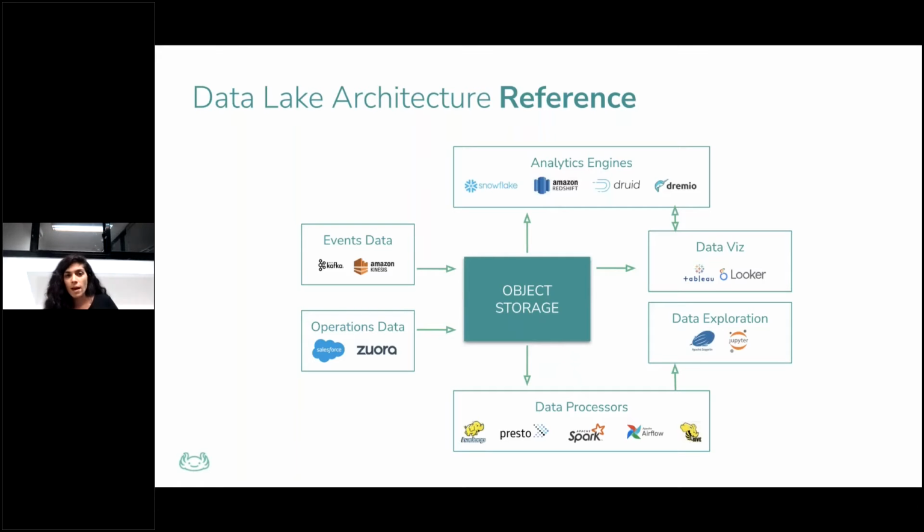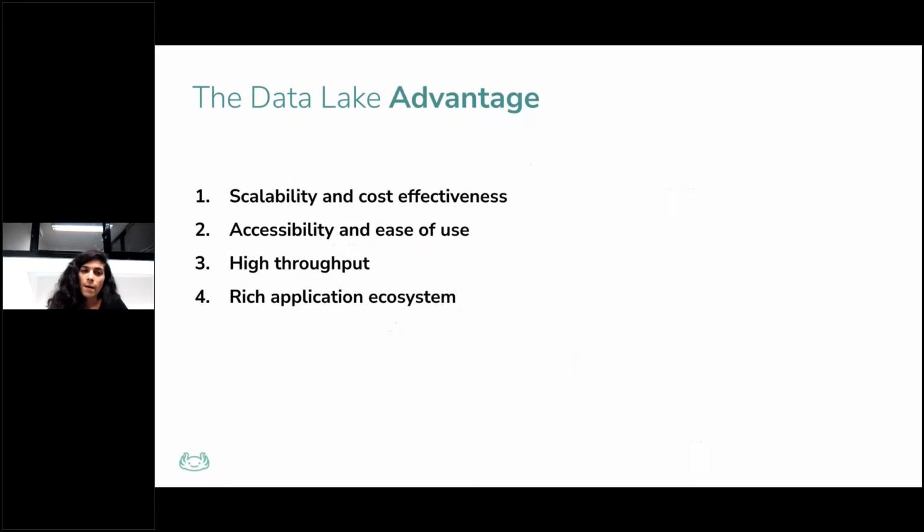So for example, I can write and read files from S3, and I can spill Parquet files from a Kafka topic into S3, and then I can use Presto to query that data. And everything works because the lowest common denominator of all these applications is S3 and flat files. And it's a really great architecture with a very rich application ecosystem.